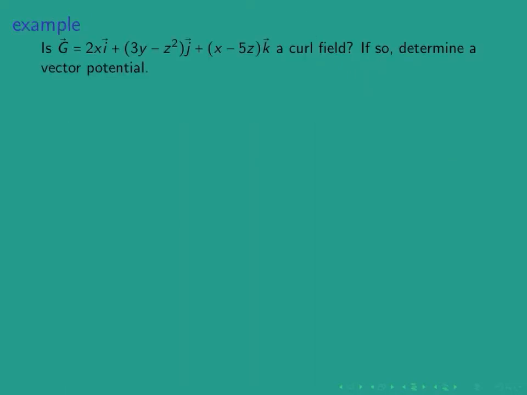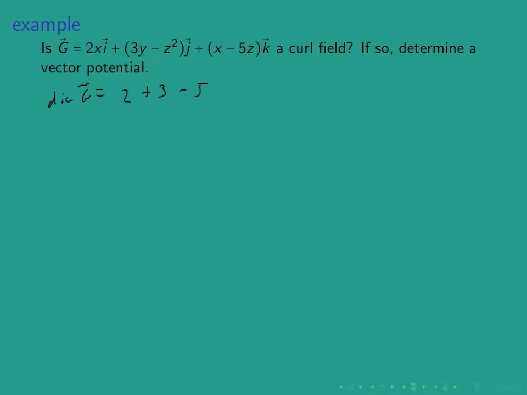Here's an example. So I'm given the vector field 2x i plus (3y minus z squared) j plus (x minus 5z) k. And I'd like to know, is it a curl field? That is, I'd like to know, is there a vector potential function? So notice it's very easy to determine whether or not it's worth looking for a vector potential.